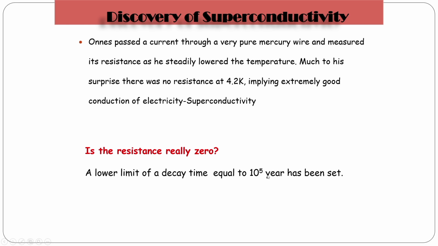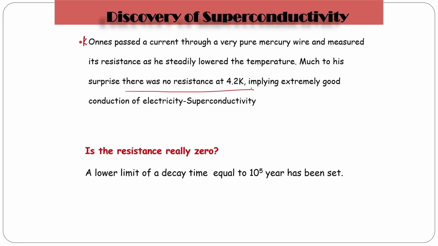Kamerlingh-Onnes discovered superconductivity shortly after liquid helium was discovered. He passed a current through a very pure mercury wire and measured the resistance as he steadily lowered the temperature. This mercury had defects and impurities removed as far as possible, and it was in a very pure form.